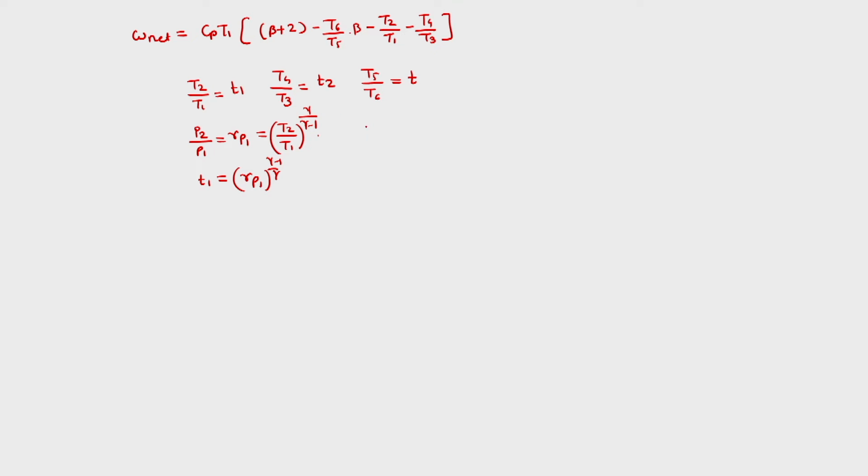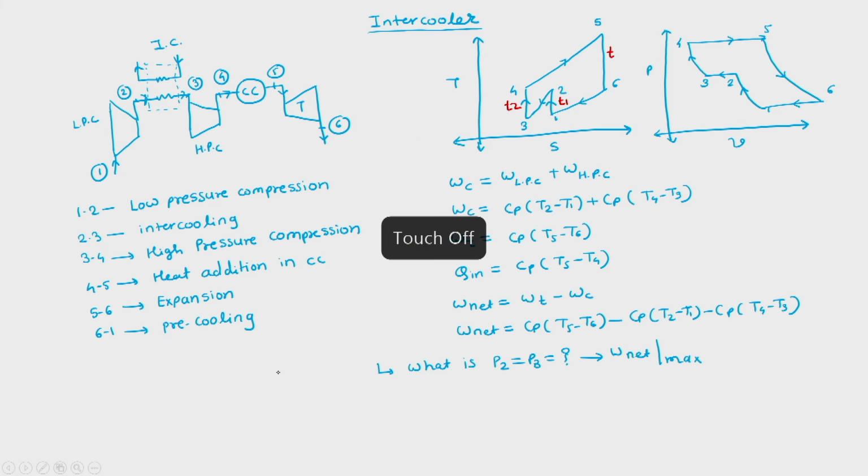Similarly, T2 is equal to Rp2 bracket raised to gamma minus 1 upon gamma, where Rp2 is equal to, if we go in this diagram, P4 by P3.